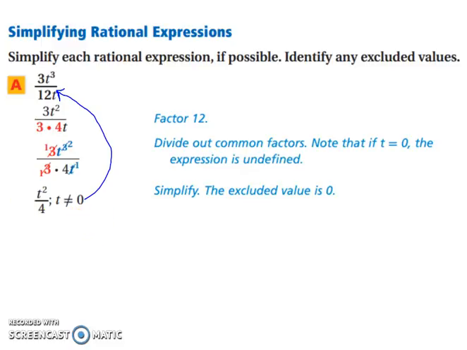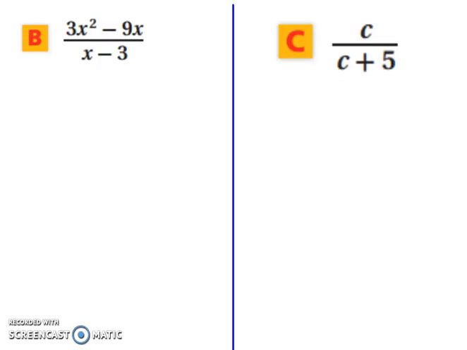Now let's try one from top to bottom. So we're going to factor our numerator. So we're going to take out a 3x, which leaves us with x minus 3 inside. And then that is over x minus 3. Well, since we have it in both the numerator and the denominator, we can cross it off, leaving us with only 3x.